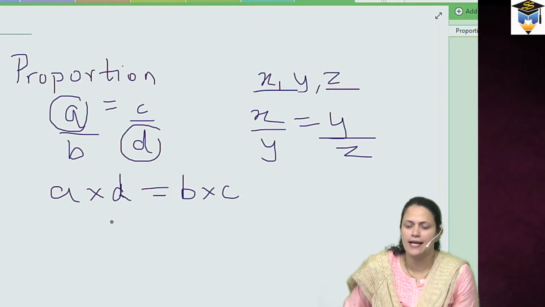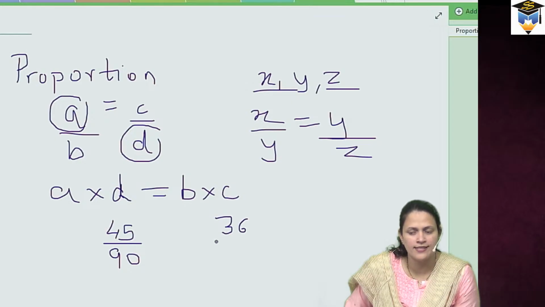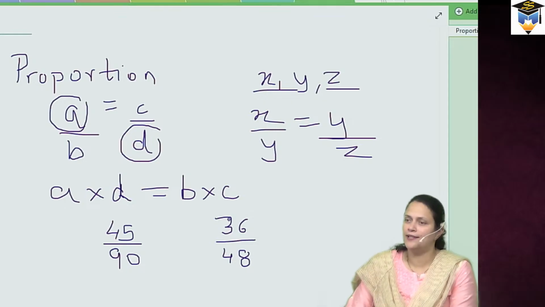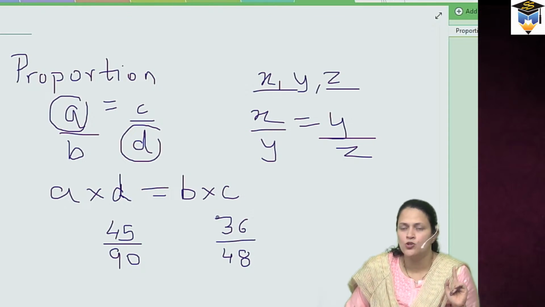So let's take an example. Suppose one ratio is given to you as 45 by 90 and another ratio is given to you as 36 by 48. Check whether they are in proportion. How will you do that? Directly don't do that. First check whether they are equal. So what you will do?